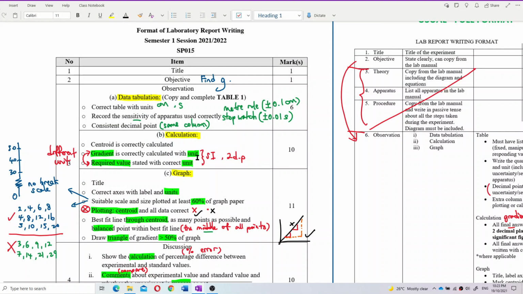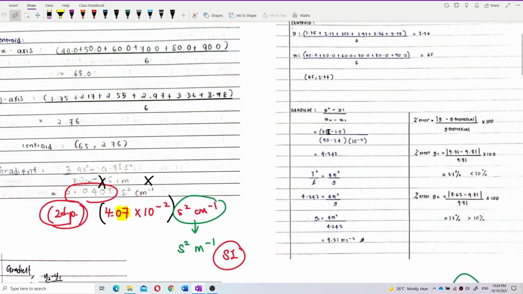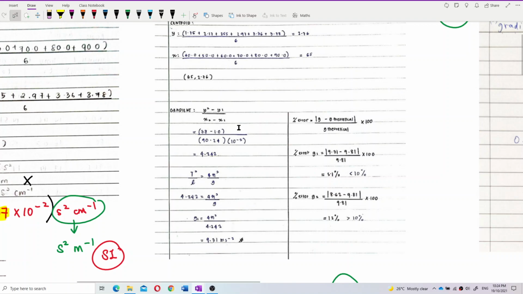Gradient must come with SI unit. You must write down a unit. Second square divided by what? By per centimeter or meter. If you divide by per meter, you get second square per meter. You must write that unit.